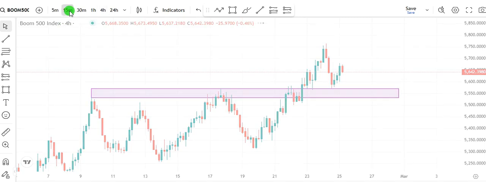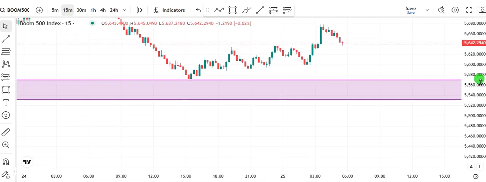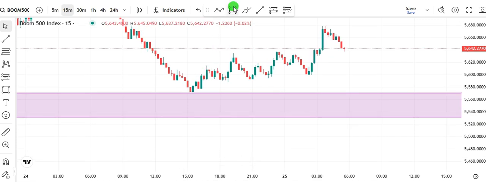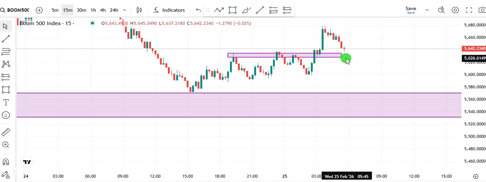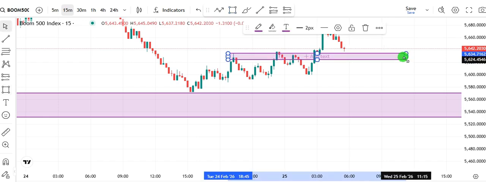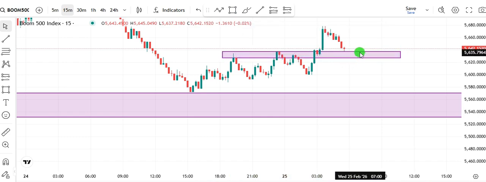So let's see what's happening on the 15-minute chart. On the 15-minute chart, we're actually still seeing some kind of bullish momentum. You can see this internal structure right here. Let me just extend it. So let's see if this is going to hold or get rejected.